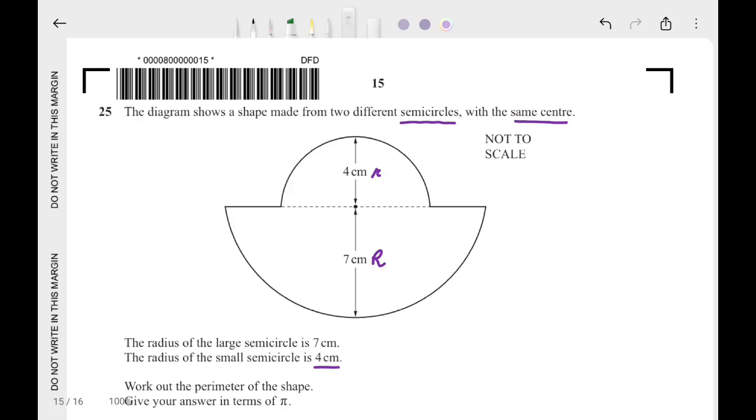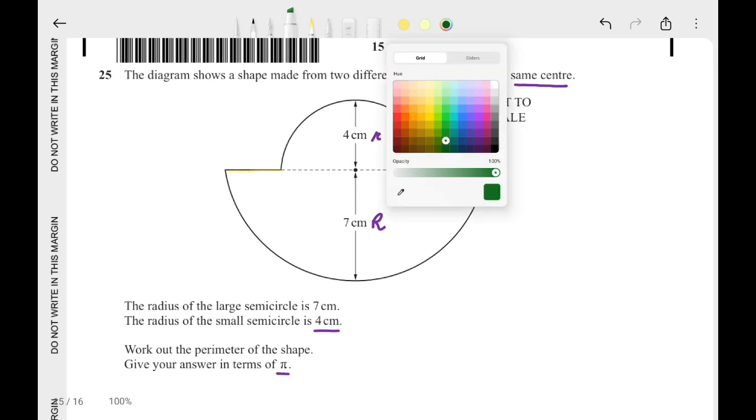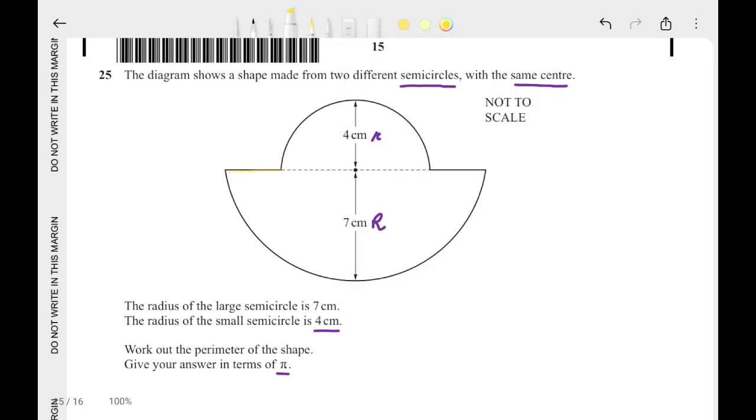Now we have to work out the perimeter of the shape, and we have to give our answer in terms of pi. So this is the question actually. Perimeter means that we have to find out the outer edges.